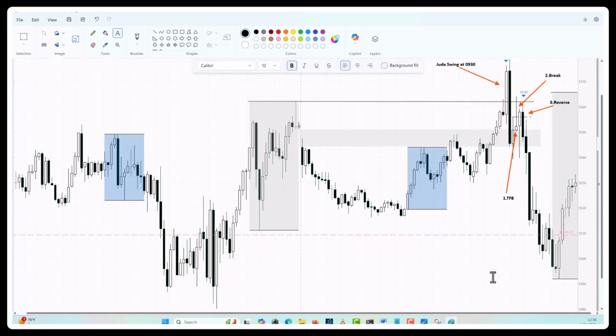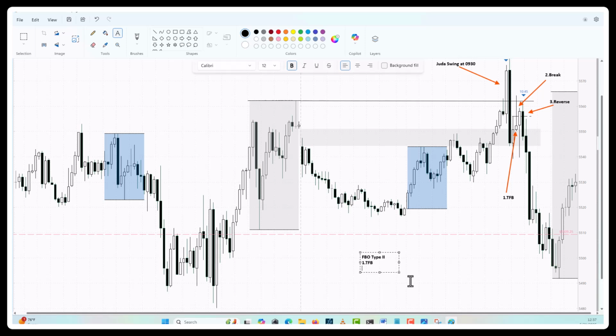Yeah, it's reversed right there. So basically, we have a full breakout type 2, which includes 3 steps. In this case it's a short setup. So test from below, and then you break it, then reverse. Just keep in mind.